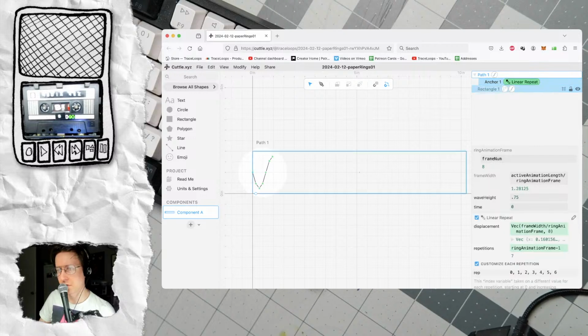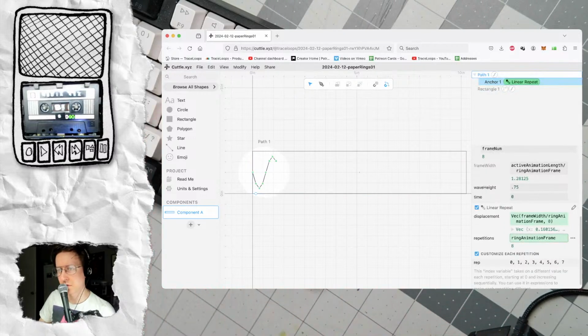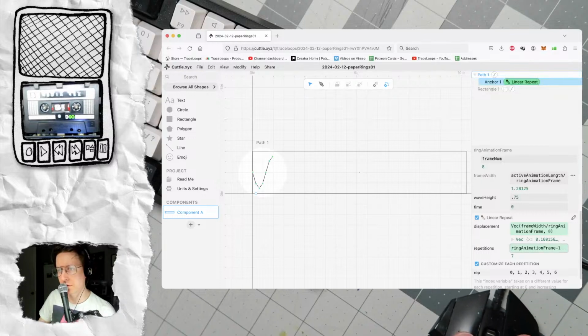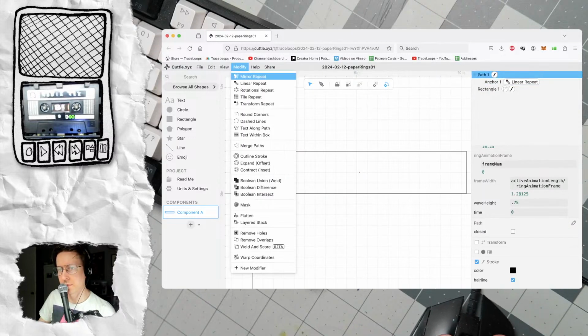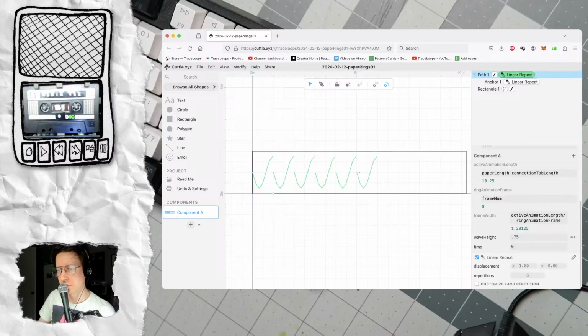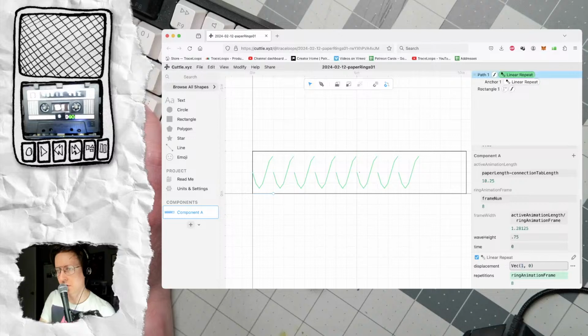Linear repetition, let's just make this, actually, I was correct on this. I need this to be modify linear repetition, ring animation frame. Displacement is frame width.